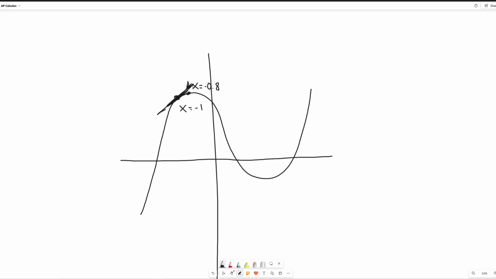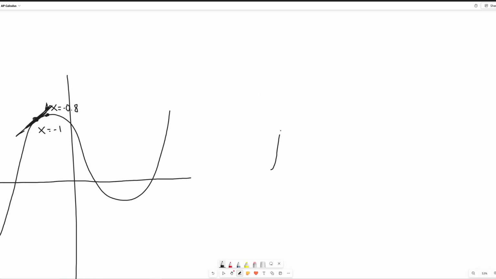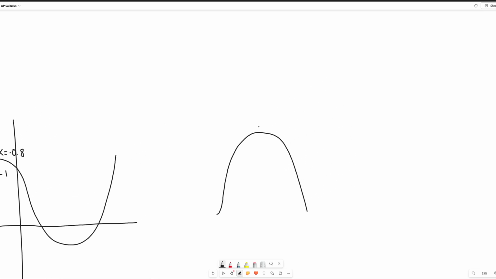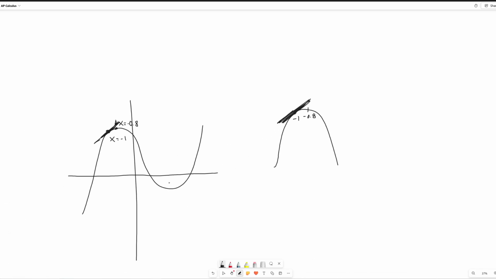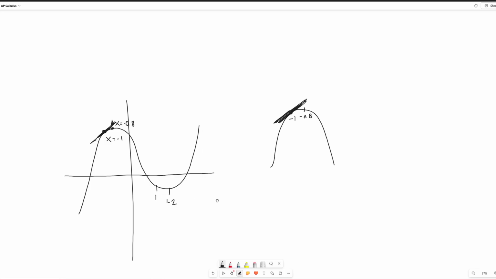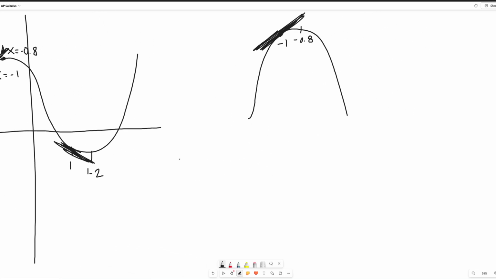So this, as you can see, if you were to zoom in on this bump right here, this is 0.8, and then this is -1. This is an overestimation. And then if we look at this part here, this is 1, and then I'll say this is 1.2, and then you wanted to draw a tangent line here. Zoom in on that.